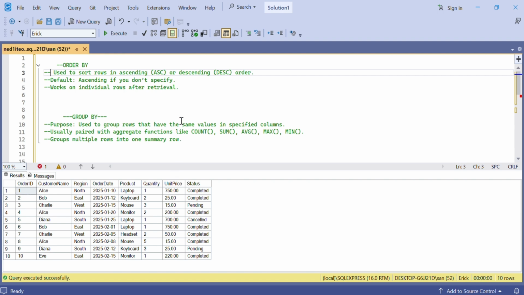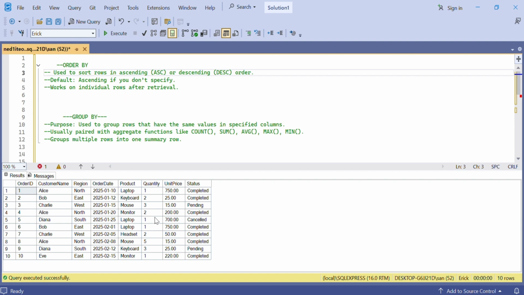If we don't specify whether it's ascending or descending, by default SQL assumes we are sorting data in ascending order. This works on individual rows after retrieval, so it will sort the data on individual rows.